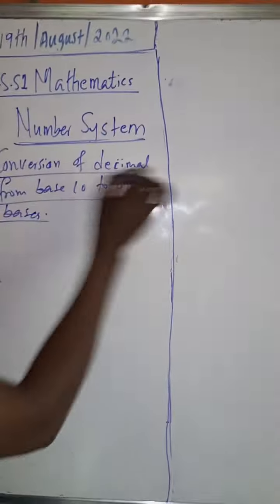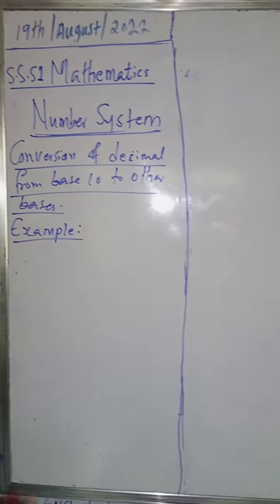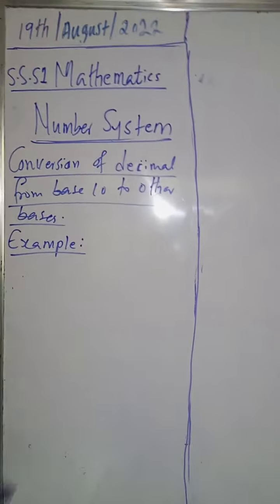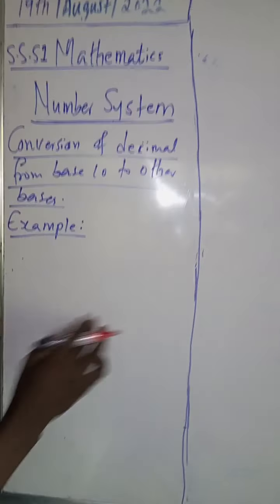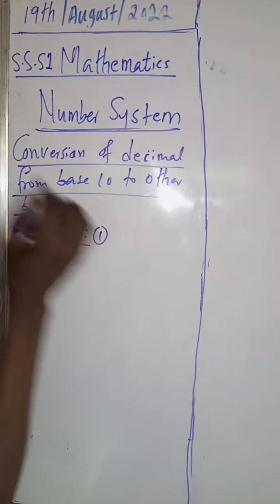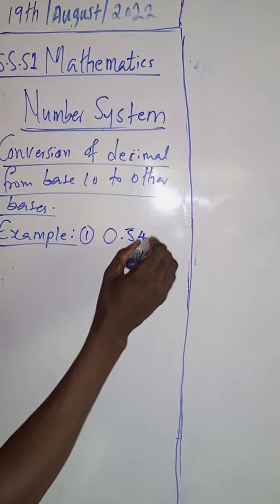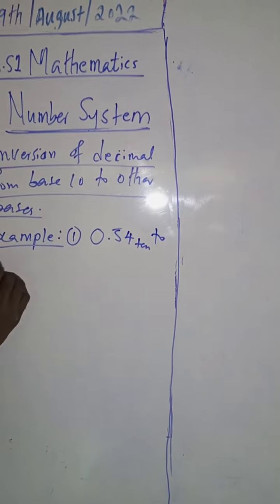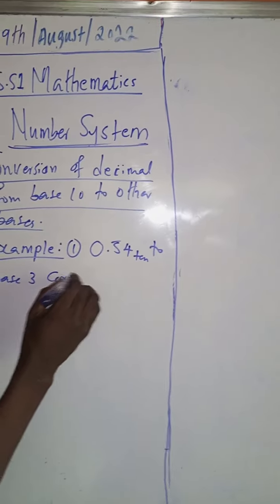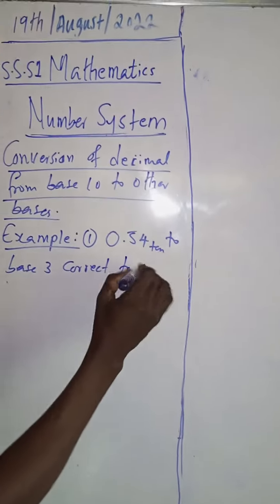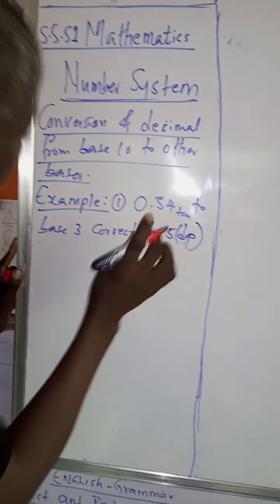Let me have an example. For instance, convert 0.54 base 10 to base 3, correct to 5 decimal places.